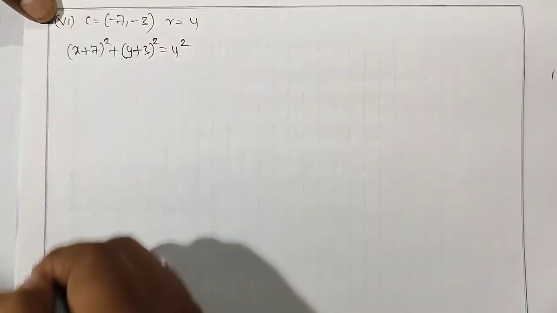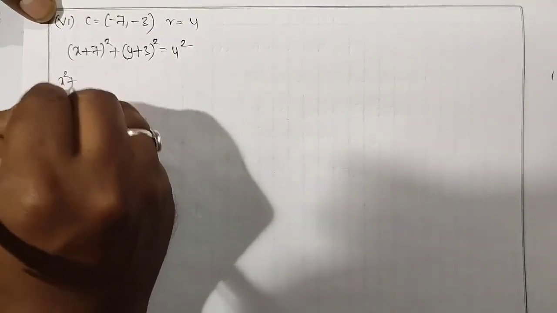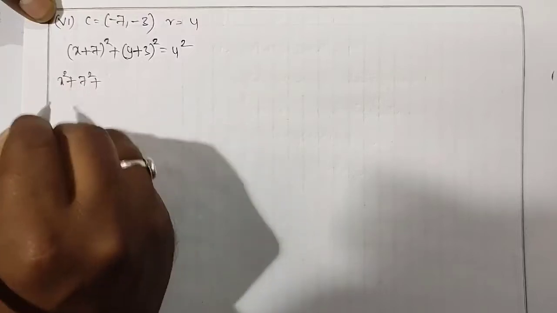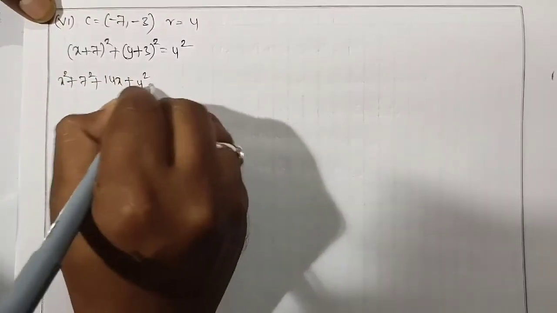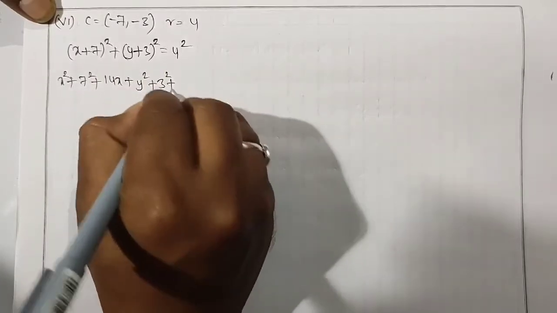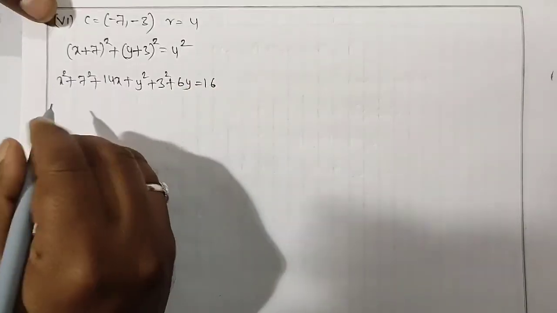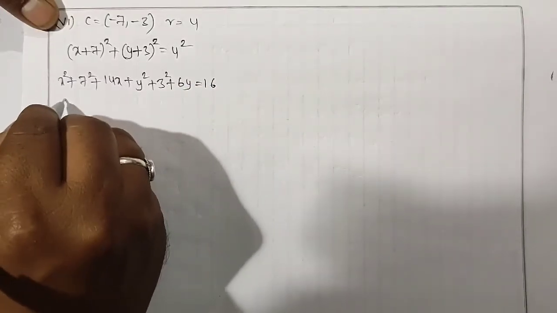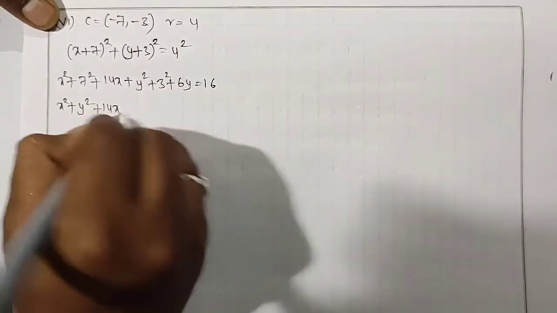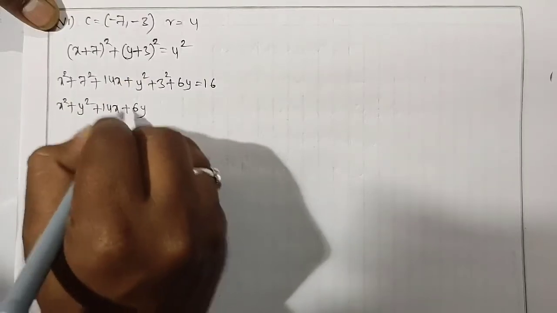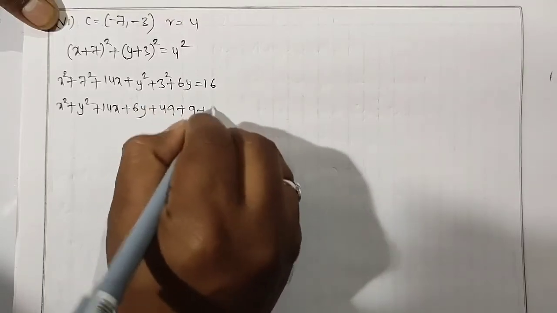Then we have to apply the formula (a plus b) whole square, which becomes a square plus b square plus 2ab. So x square plus 14x plus y square plus 9 plus 6y is equal to 16.